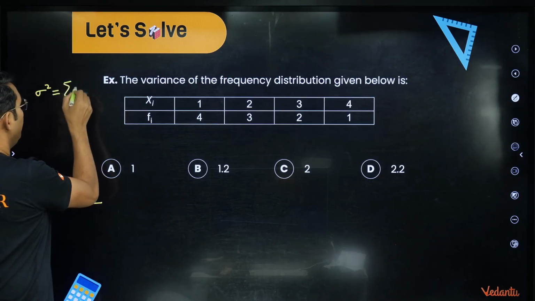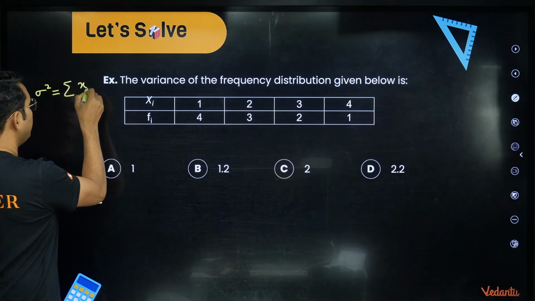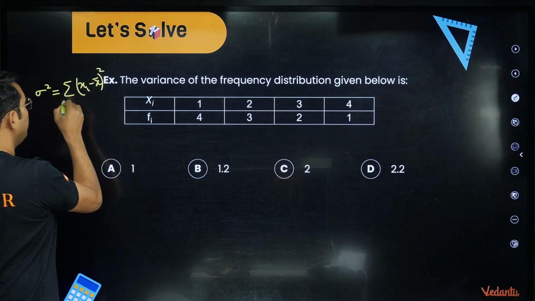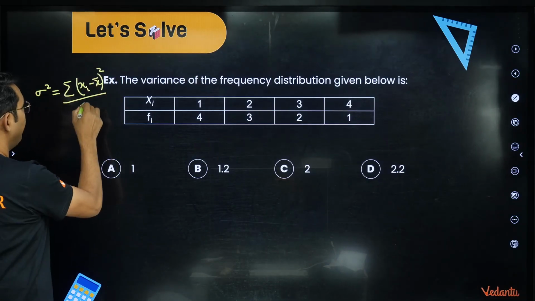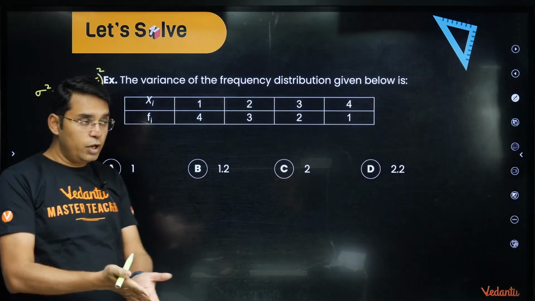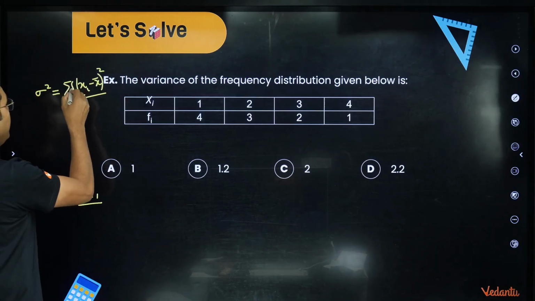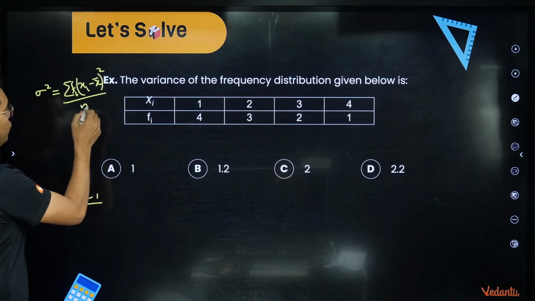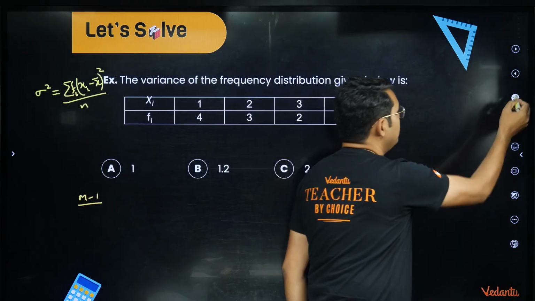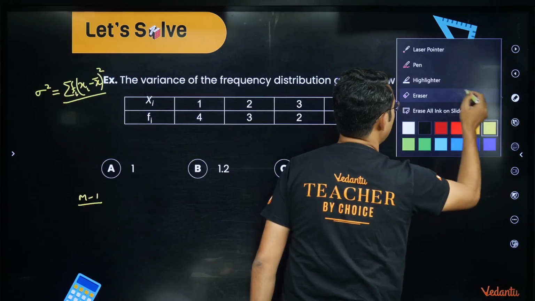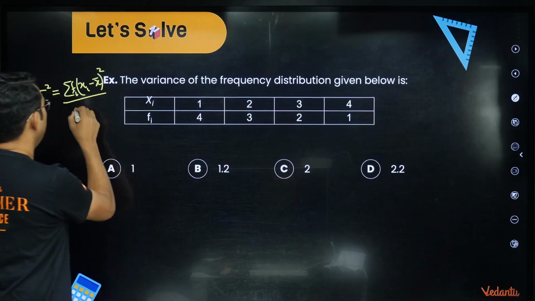Number one, it is sigma of xi minus x bar whole square divided by n. Sometimes some data is given with its frequency, let's say fi, then it will be multiplied with fi here. In place of n, you will be having sigma of fi.